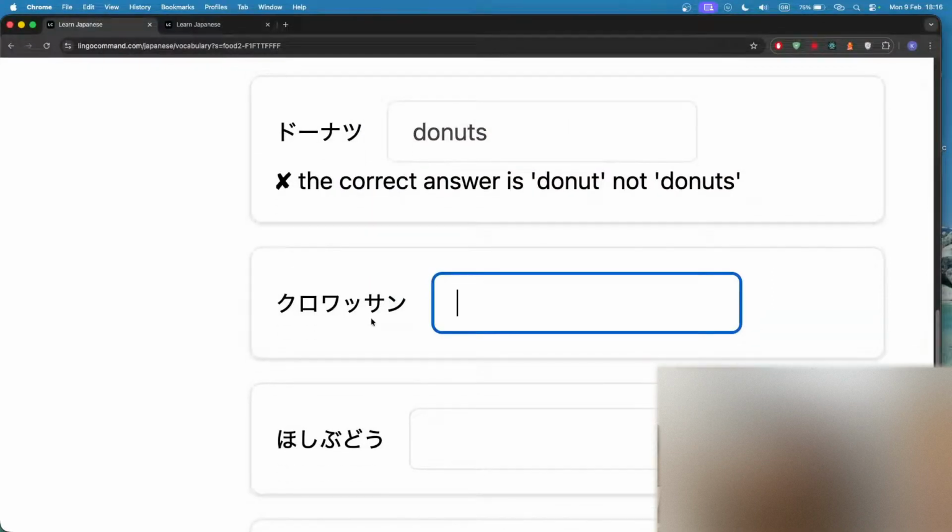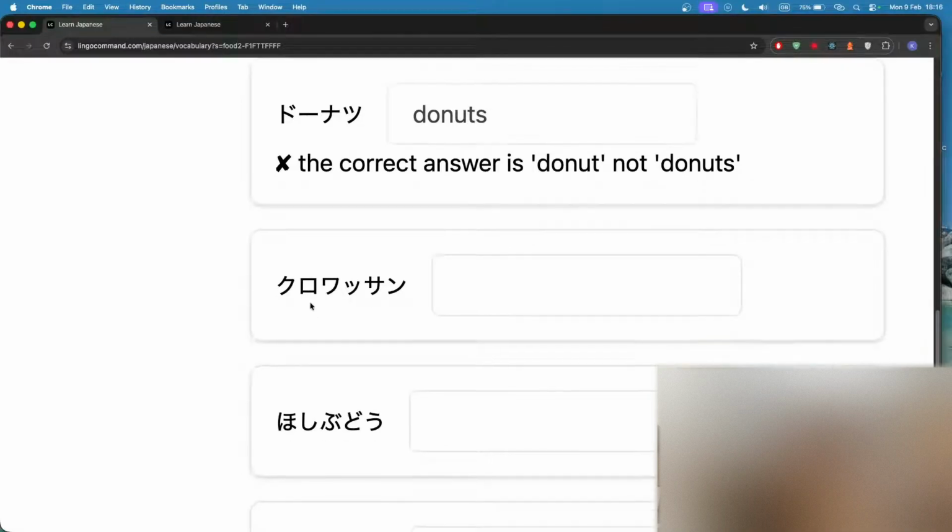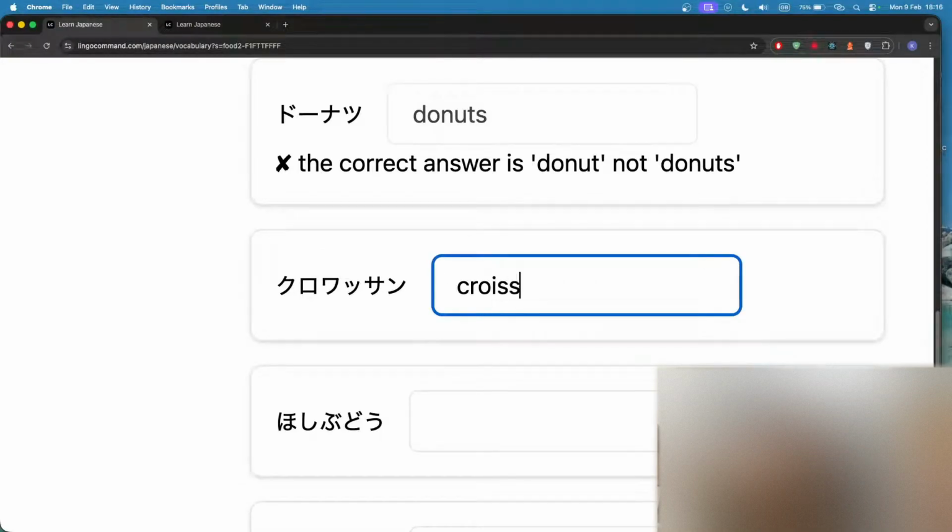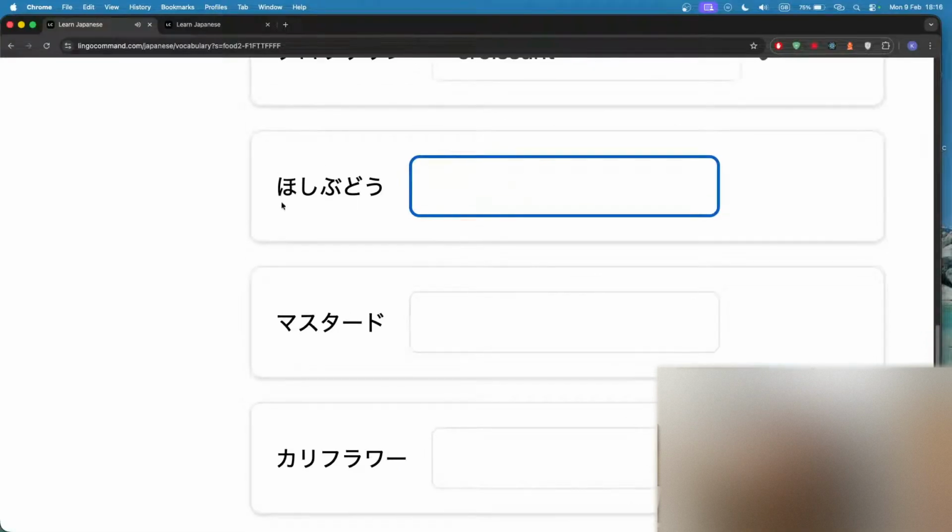Going back here, we have croissant. It's croissant. Hoshi budou. So budou means grape. Hoshi budou means raisin.